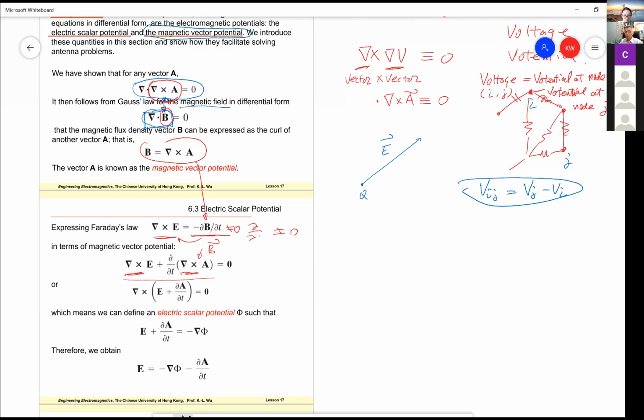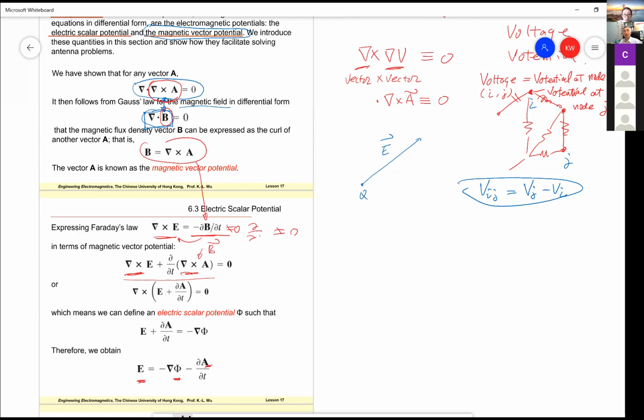Okay, then now we can say the electrical field is related to the magnetic field, and the two potentials are all related. The vector potential and the scalar potential are related. Therefore, if we can find the scalar potential phi and the vector potential A, we can find the electrical field.